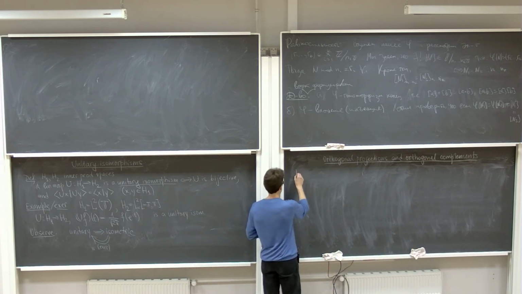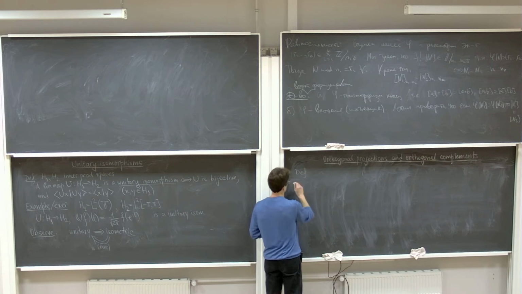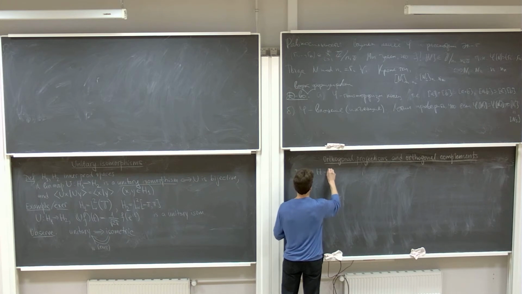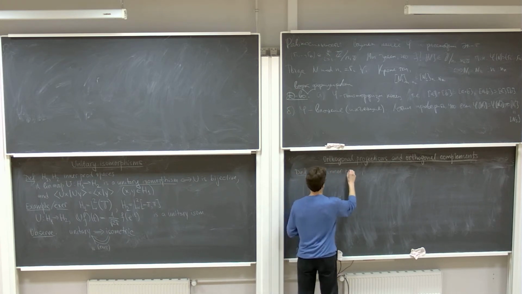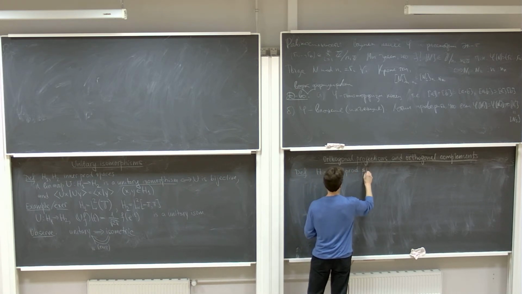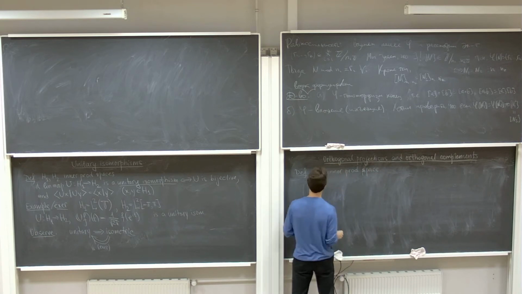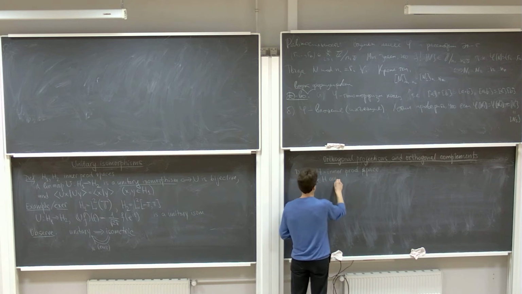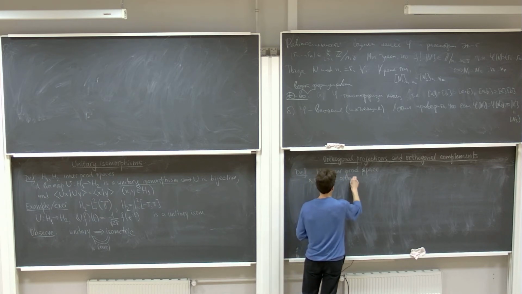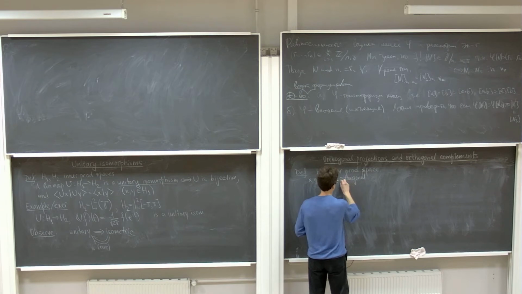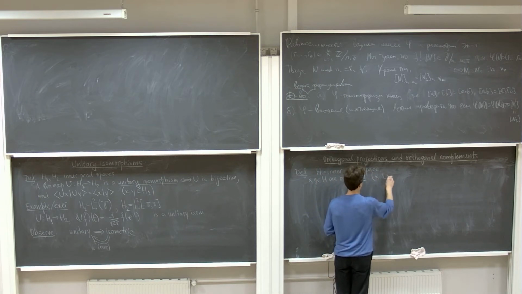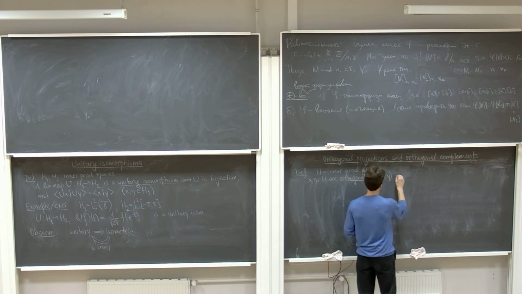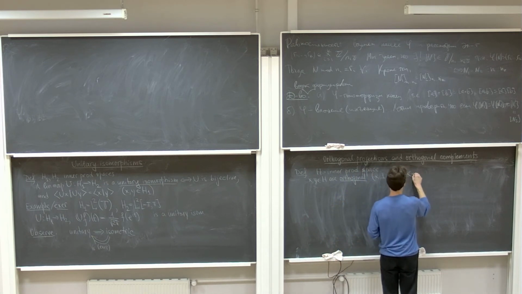We start with the following definition. So we suppose that H is an inner product space. And we say that two elements x and y in H are orthogonal, and we write the following symbol to denote this property, if the inner product of x and y is 0.